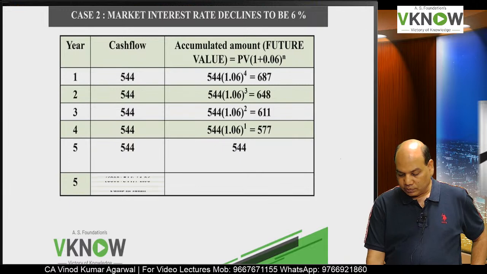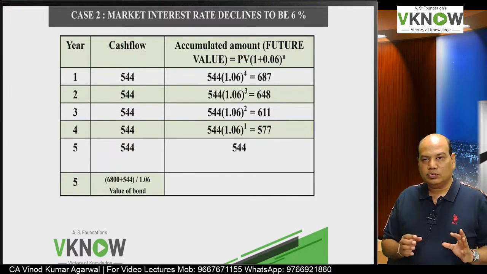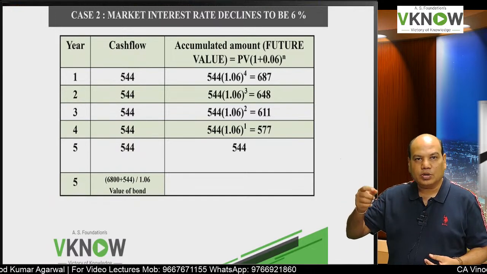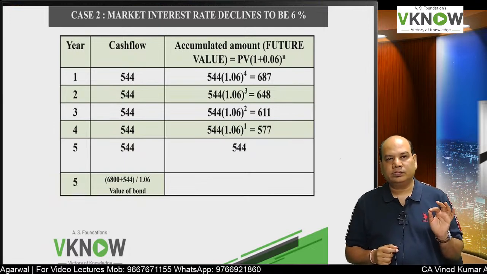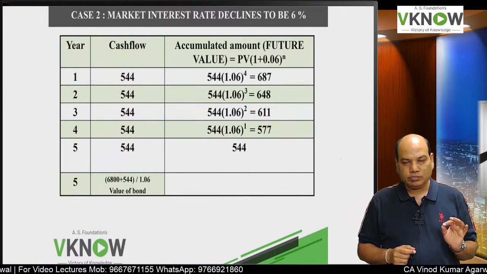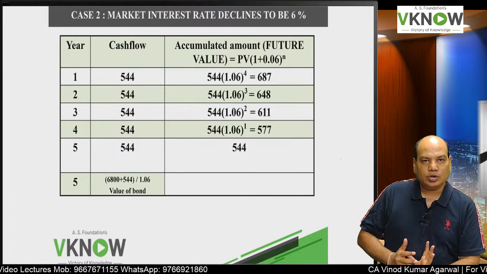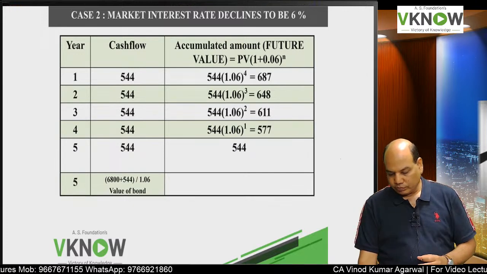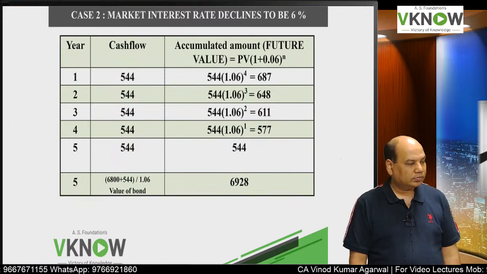And in the 5th year, you are going to sell the bond, which will be the present value of the next cash flow discounted at 6%. So write 6800 plus 544, which will be the cash flow of the 6th year, but I am going to sell it at the end of the 5th year. So present value divided by 1.06. You will get 6928. Tell me the total.